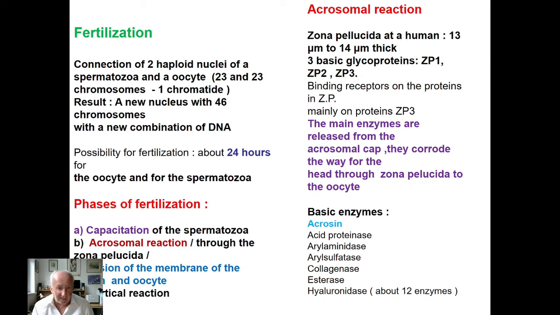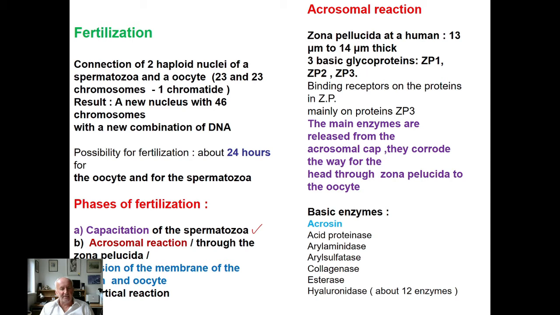To the oocyte, from 400 million spermatozoa, will get a maximum number of 250, 300, sometimes 400, maximum 500. Maximum 500 from 400 million. As you see, the whole fertilization is very simple in fact.